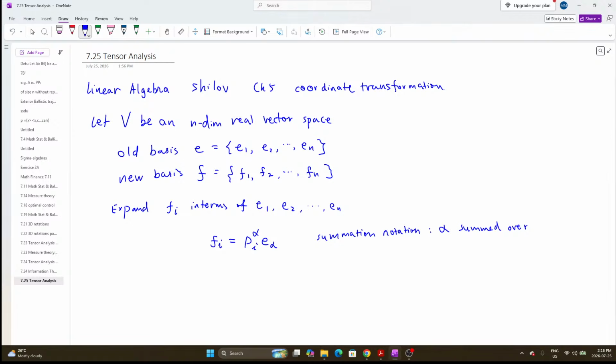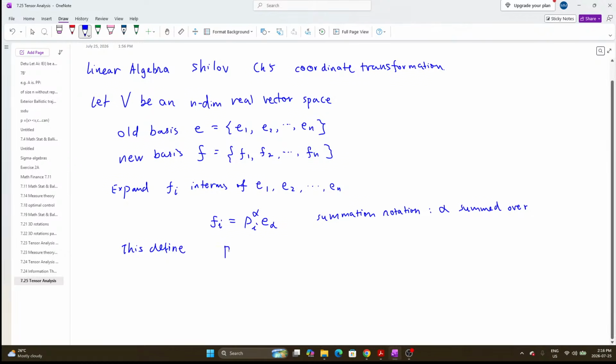And of course, this defines an n by n matrix. Because basis expansions are unique, this is an n by n matrix that's well defined.